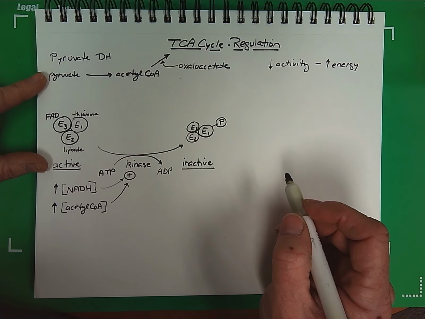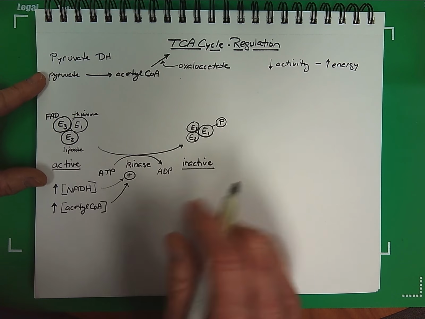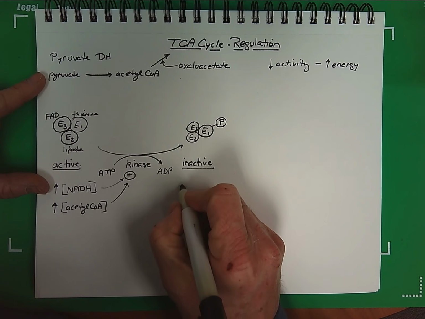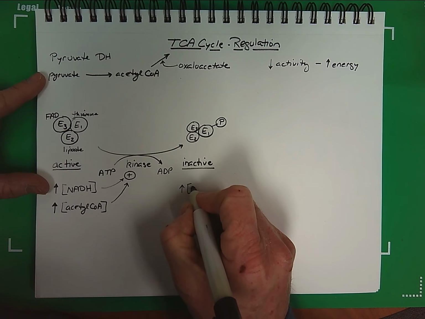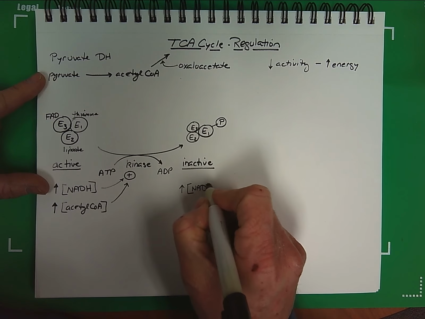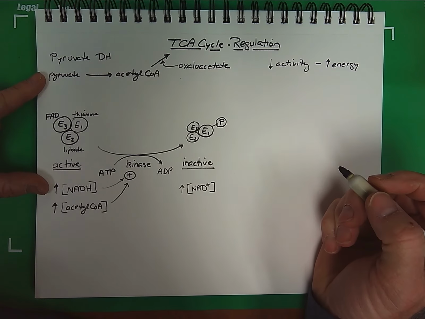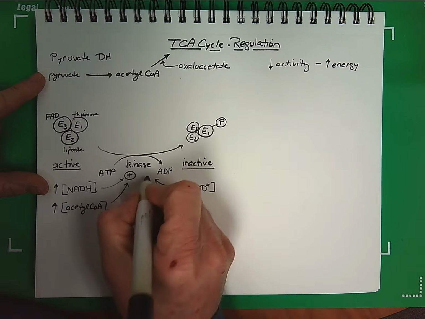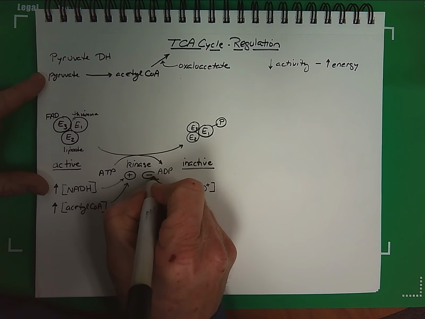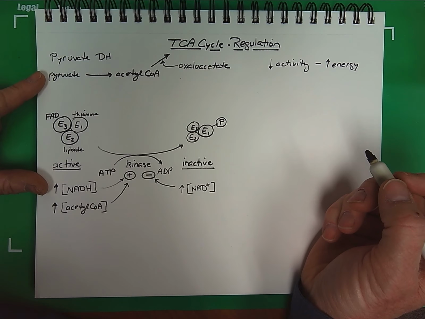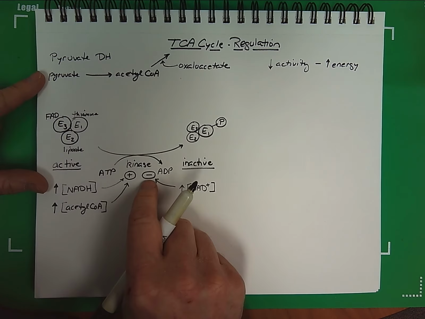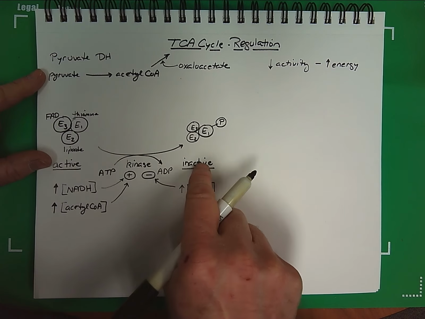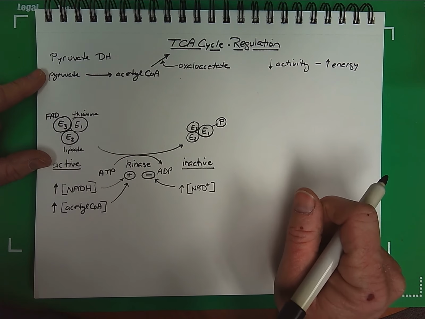Now, when we reverse the process, for example, when NADH levels begin to decrease, that means that we will have an increased concentration of NAD, the oxidized form. This increase in NAD will inhibit the kinase activity. By inhibiting the kinase activity, we can reduce the phosphorylation of E1 and slow the inactivation of the dehydrogenase complex.